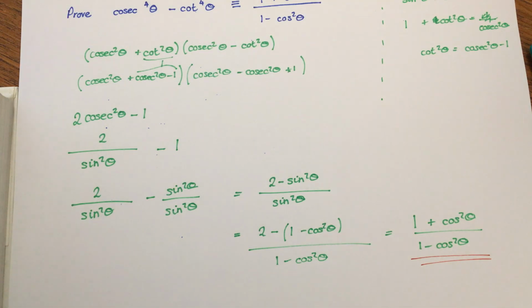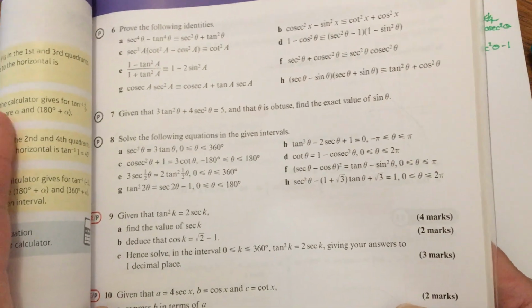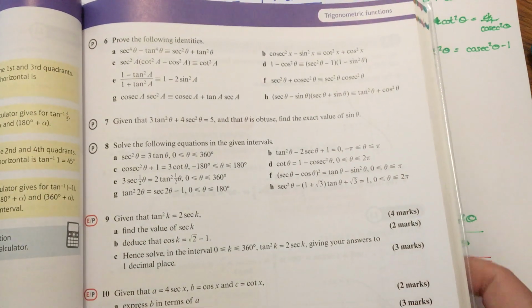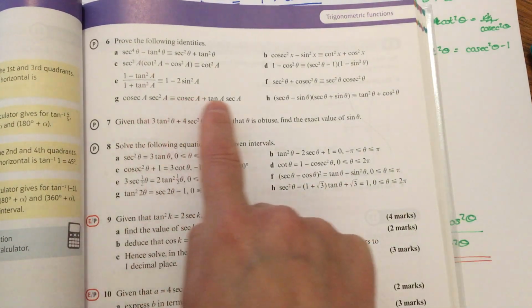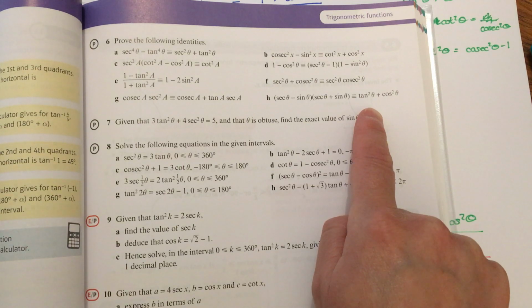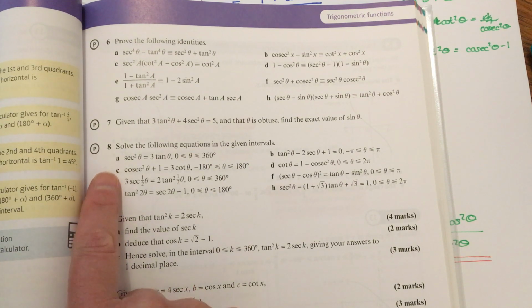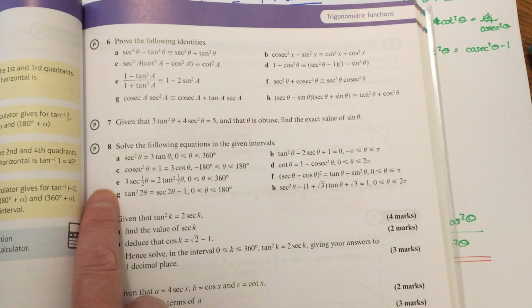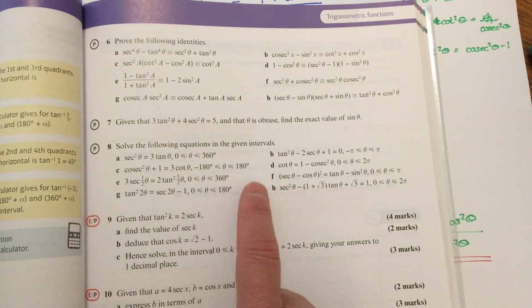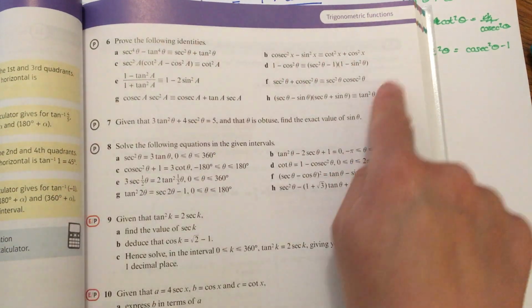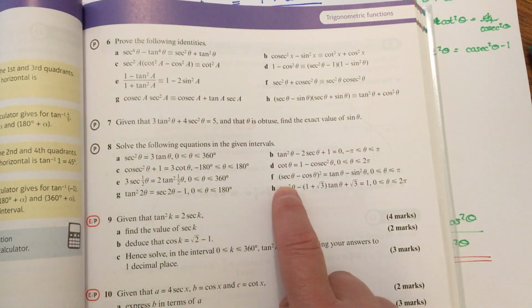So hopefully you can see this if I put it in here. So I would like you to do question 6 and question 8, but only up to, let me think, up to F. So all of question 6 and question 8 up to part F. Okay?